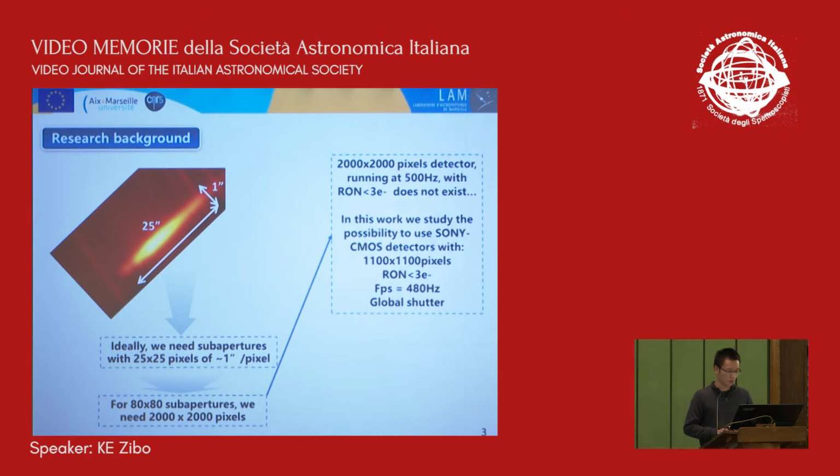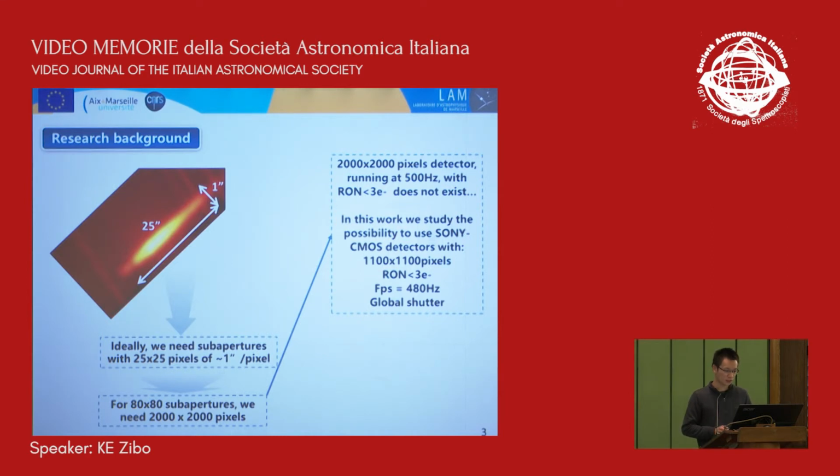If we use 1 pixel to cover 1 arcsecond, we need 25 pixels to cover such an elongated spot. And if we use an 80 by 80 aperture, we need 2000 by 2000 pixels to catch the whole image. But such a big detector running at 500 Hz with noise less than 3 electrons does not exist.